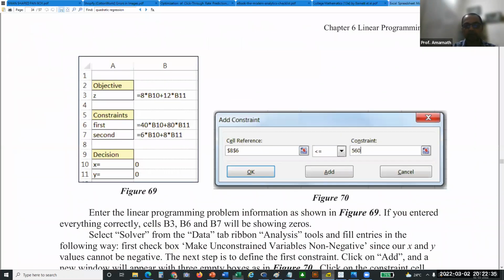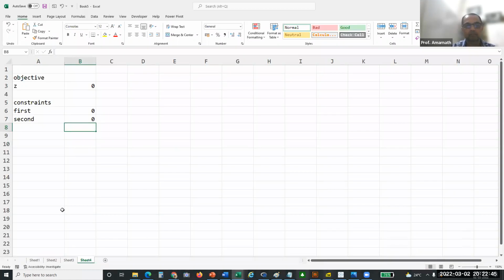Where was I? Okay. Decision is 9. So I have an X, I have an Y. And 0, this is 0.